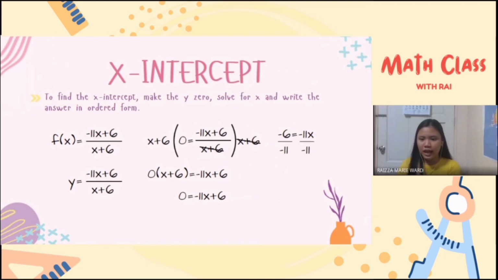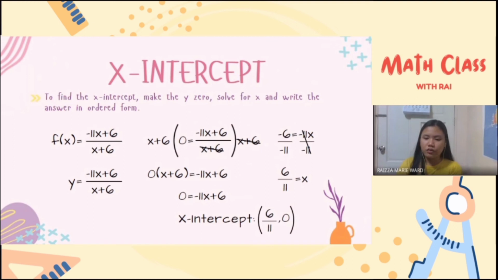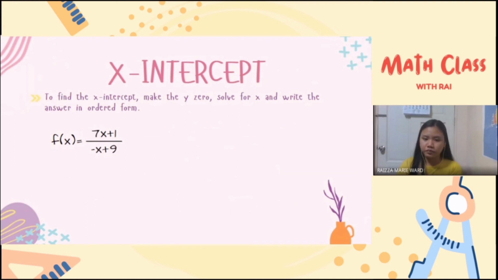And divide both sides sa negative 11 para maiwan si x. Cancel. X is equal to 6 over 11. Bakit naging positive siya? Dahil negative divided by negative is equal to positive. Write it in ordered form. X-intercept is 6 over 11, 0.